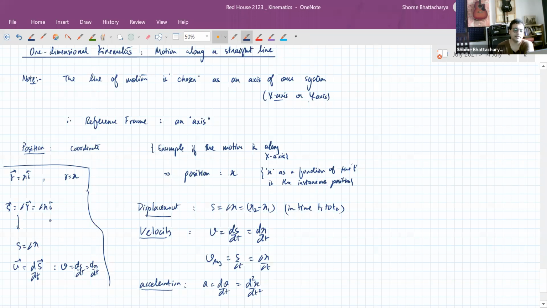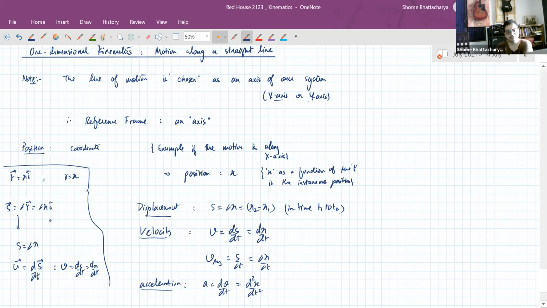So there's no point in writing that unit vector separately, and we just remove it because it's repeated for all the definitions. R is x i cap, S is delta x i cap, V is dx by dt i cap, acceleration is dv by dt i cap. So that i cap is common to all the vectors, and we need not specify it anymore. So we can instead use a scalar notation for describing these parameters.